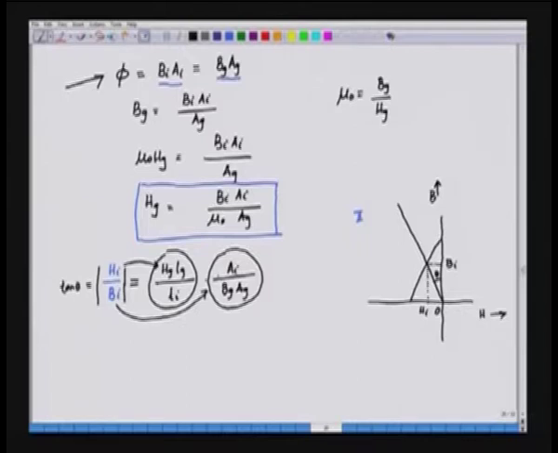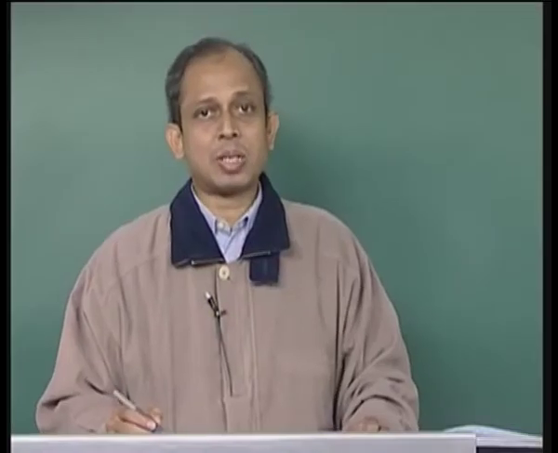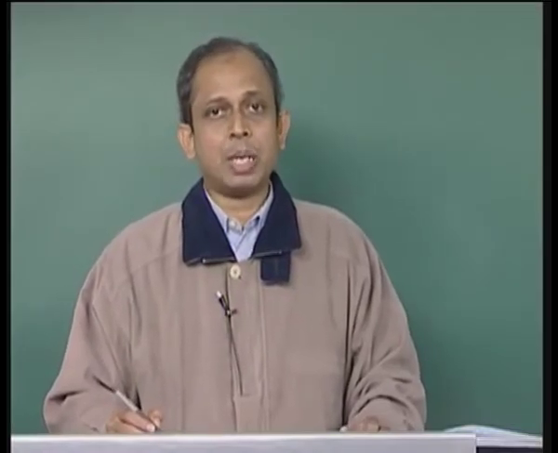We will further do some simplification. We will again replace Hg by Bg by mu naught. Hg is the magnetic field strength in air and Bg is the flux density in air. So, Bg by Hg is equal to mu naught. Mu naught is the constant of permeability.